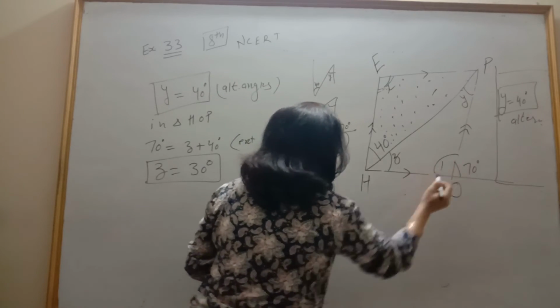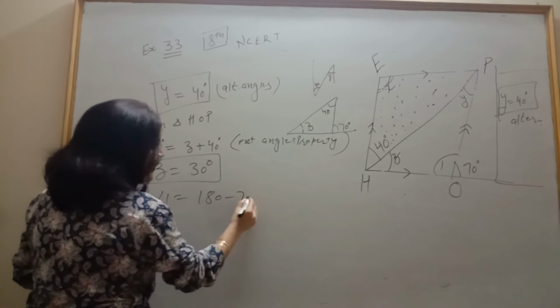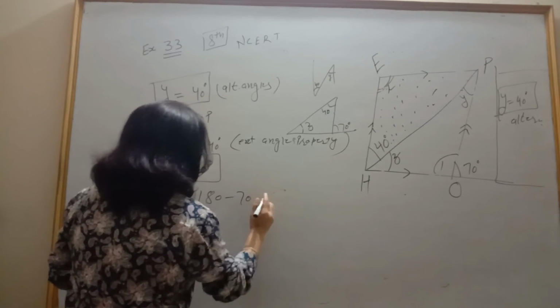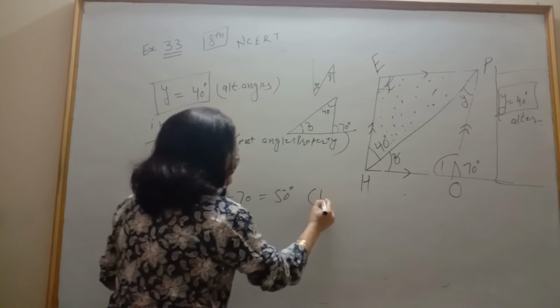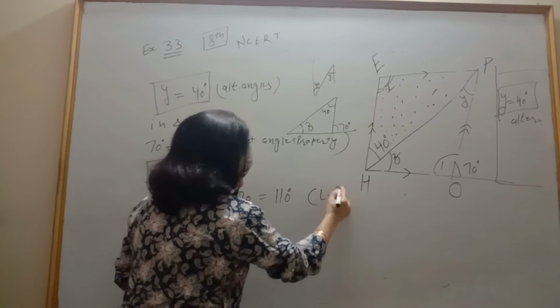If this is angle 1, then angle 1 will be 180 minus 70, that is 110 degrees, linear pair.